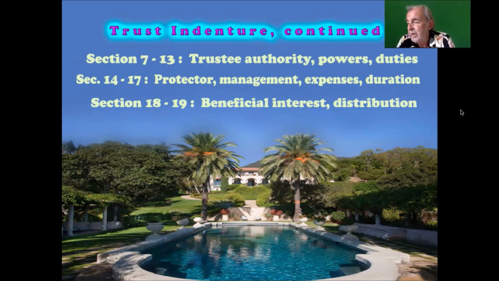So I'm on section 19, ascertainable standard. They have the discretion to either accumulate or to dispense what comes up through profit in the trust or assets that grow. They can either put it out there or keep it in. So that's the discretionary.